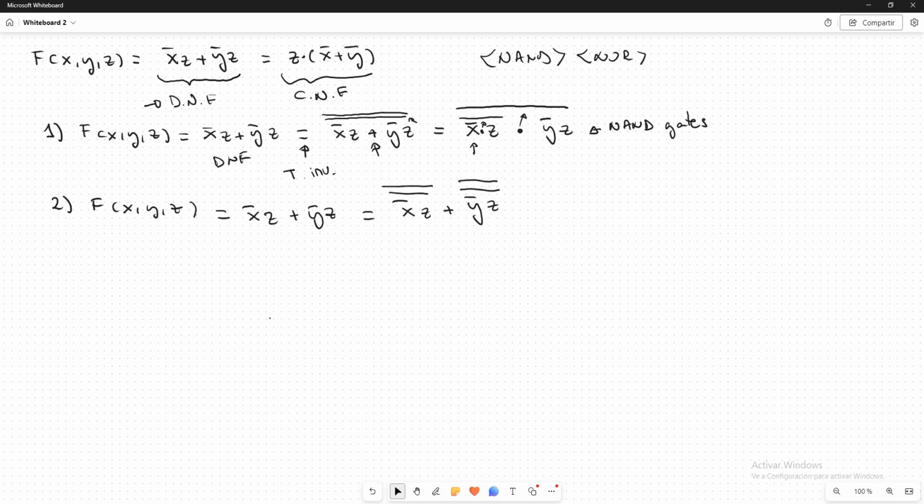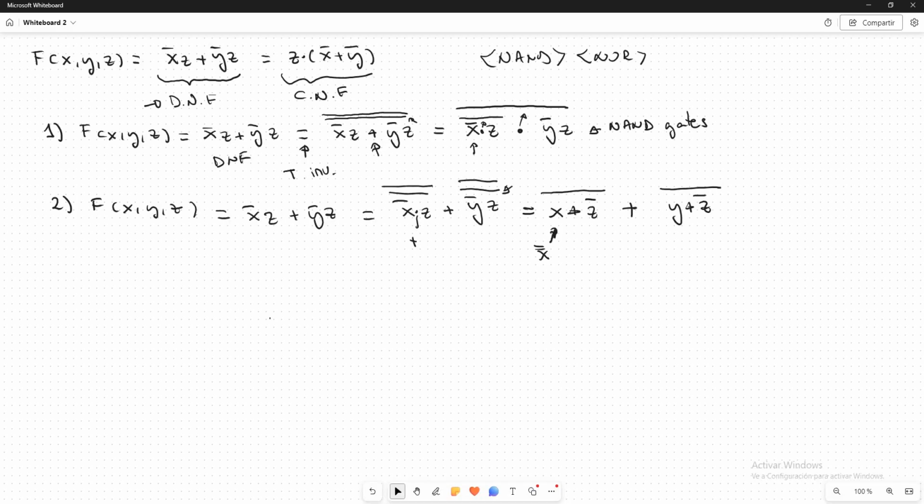So if we apply De Morgan's law to the first complementation of each term, we are going to have that this logic product becomes logic sums. You can see this is x, because actually it is x negated twice, so it becomes x.